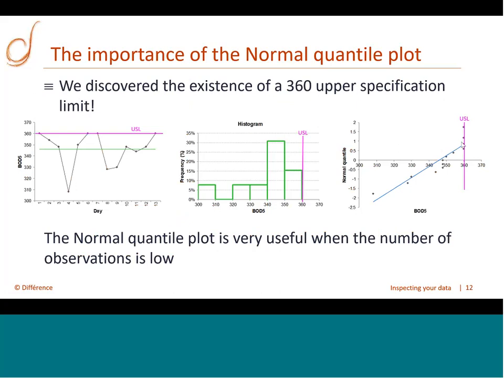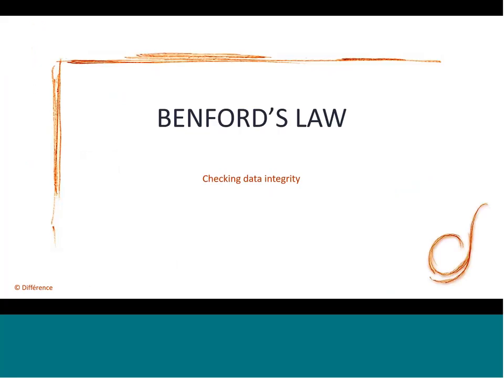And it was a test that was manually entered. So this is the first part, where I showed you with a histogram and a normal quantile plot how to detect potential sorting or potential cheating.